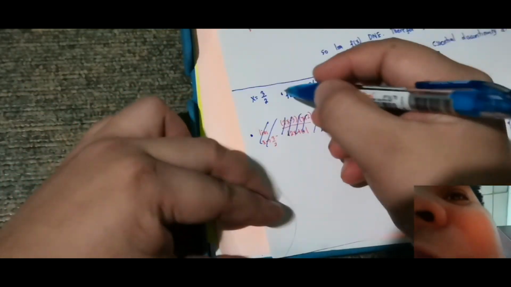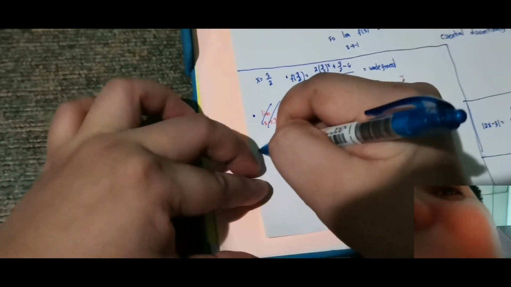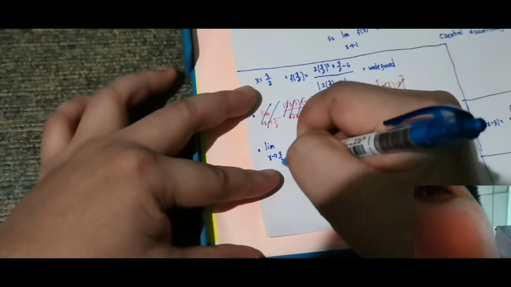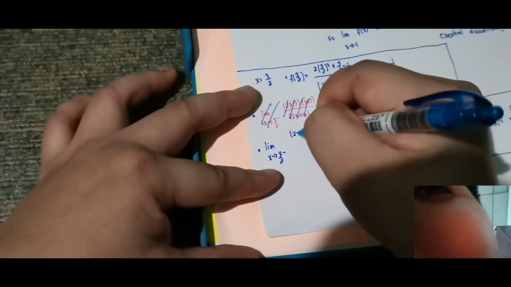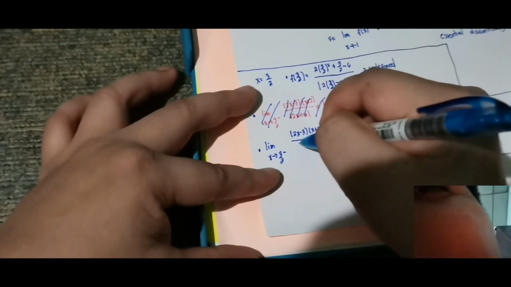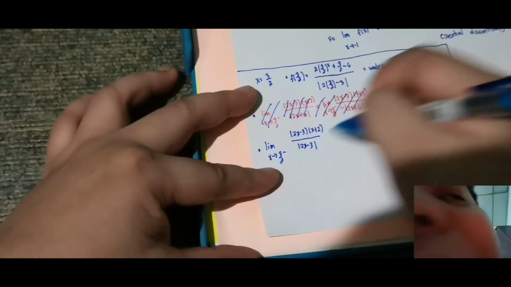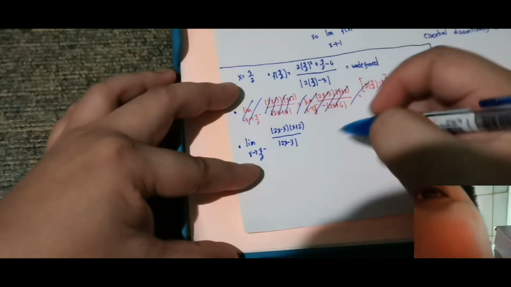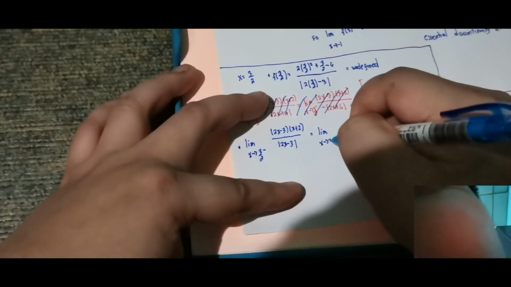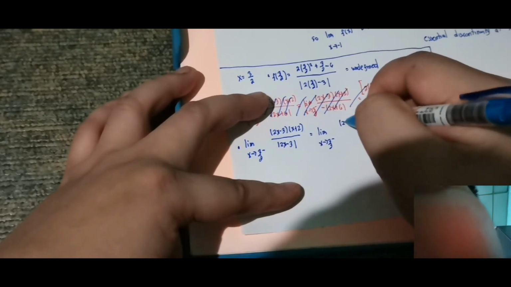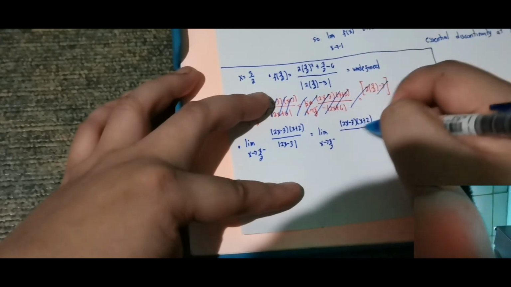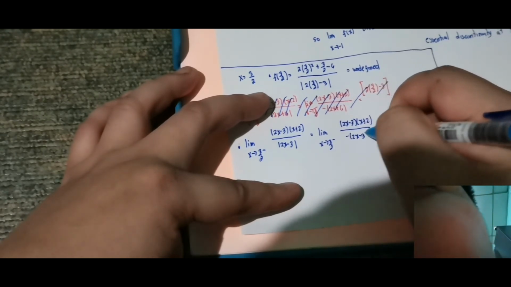Okay, so that is limit as x approaches 3/2 from the left ng 2x minus 3, then x plus 2 over absolute value ng 2x minus 3. Okay, then that is equivalent sa limit as x approaches 3/2 from the left ng 2x minus 3, tapos x plus 2, tapos negative ng 2x minus 3.